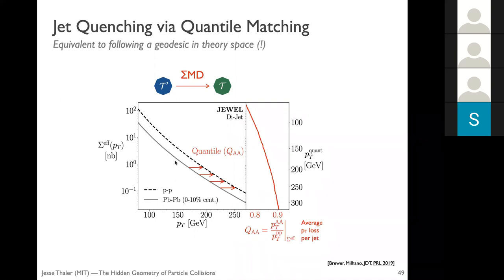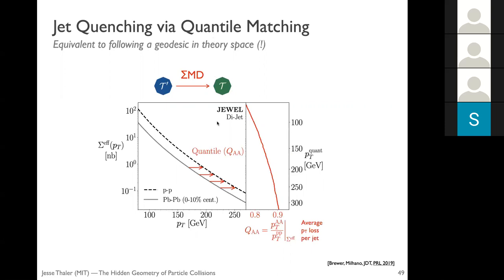You can have an R_AA that looks like things are really modified, like an R_AA of a half, even though the actual jets themselves are modified only at the 5 to 10% level. The reason is that you have a steeply falling cross-section curve, and so tiny variations can give rise to large changes in R_AA.